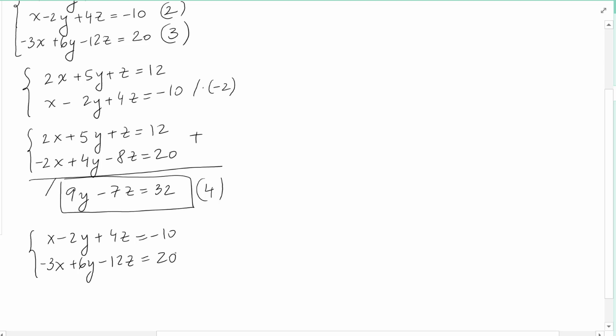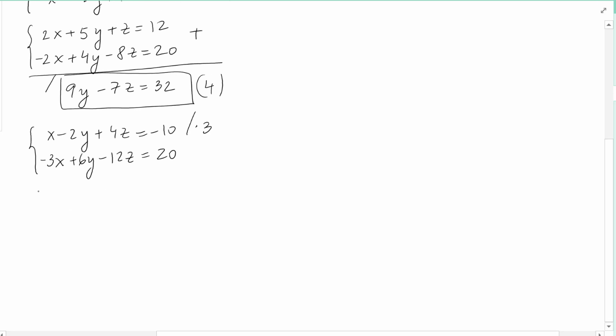Because we eliminated x, I'm going to eliminate x from this one as well. So I'm going to multiply by 3 the first equation, and I get 3x minus 6y plus 12z equals -30, and -3x plus 6y minus 12z equals 20.